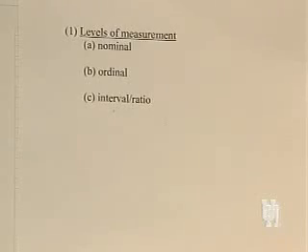Healy combines interval and ratio level data, or interval and ratio level measurement. Other authors discriminate between these two levels of measurement, between interval level data and ratio level data.